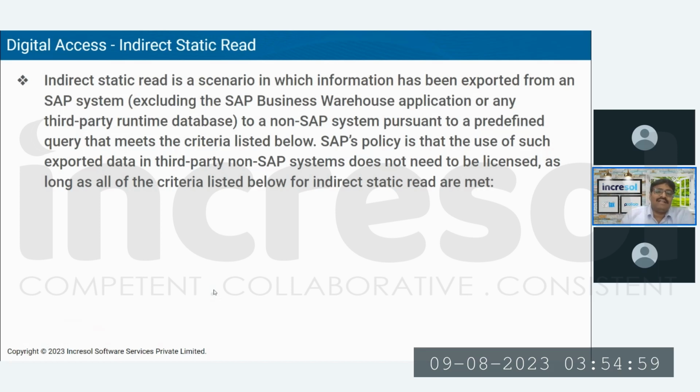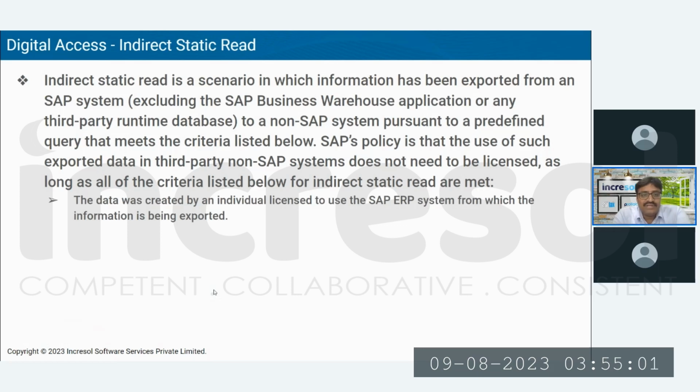So it has some criteria. You need to understand that. Okay, the data is created within SAP and the information is being exported from SAP to the legacy system, and it runs automatically on a scheduled basis. That means you are pushing the data from SAP to an outside system on a periodic basis.